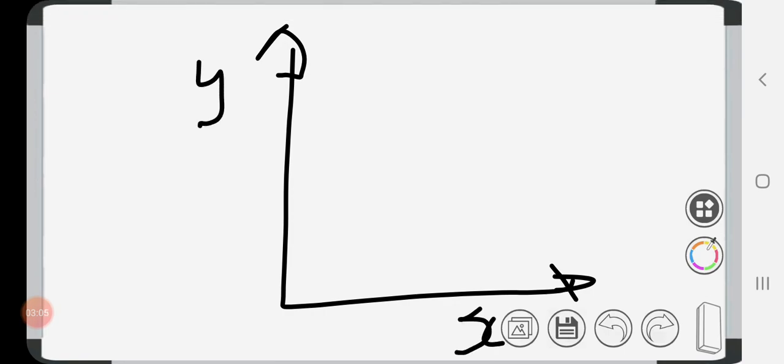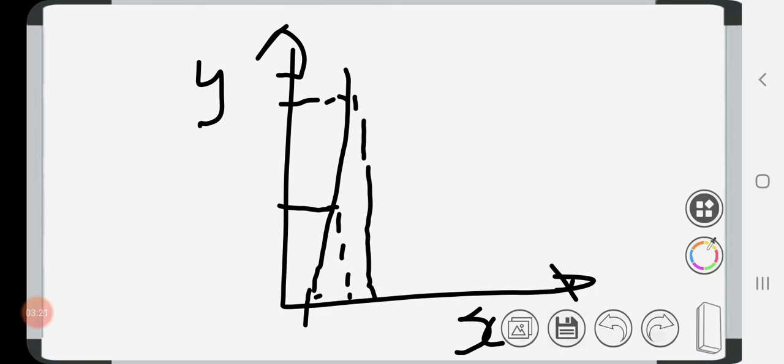Because if, for example, you have y-axis and x-axis, and the line is very steep like this, this line tells you that you can change y by this much, but x will change by a small margin. Very small margin. But this is much bigger, right?